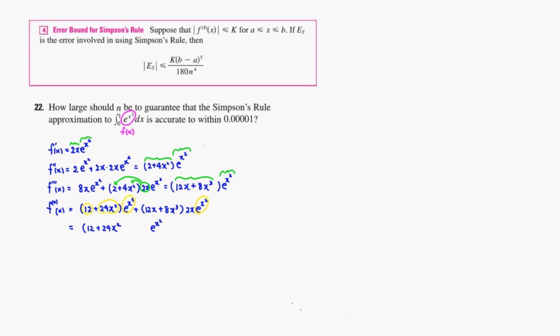Then I'm going to distribute 2x to 12x, so that's another 24x squared. So there are 24 and 24, so 48x squared. Then we just have to distribute 2x to 8x cubed, so that's 16x to the fourth. It looks like that's everyone.